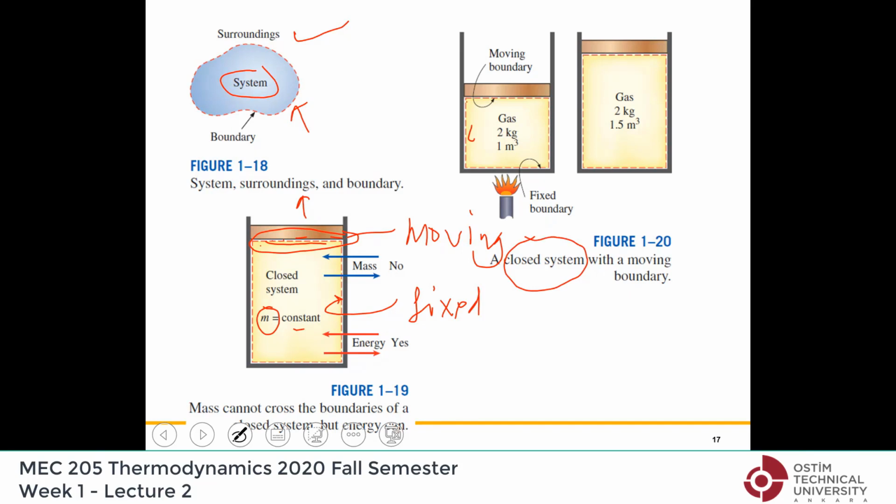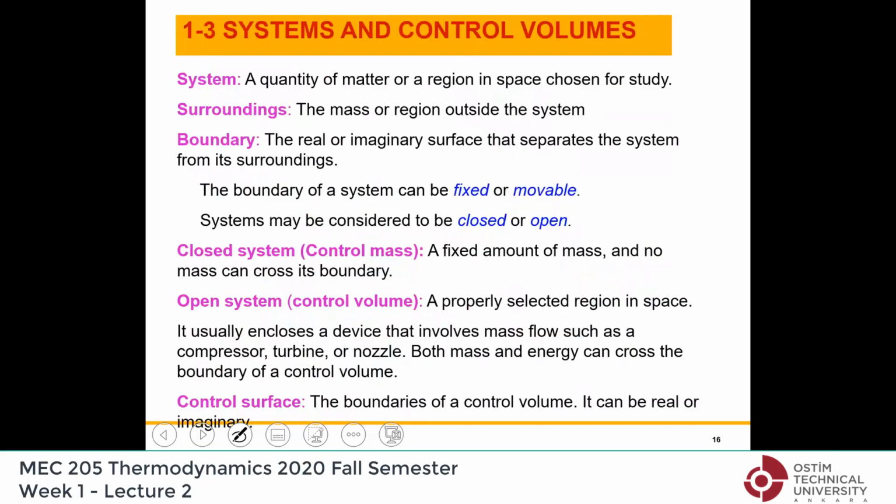If you have a closed system, as you see, mass cannot enter or leave the system, but energy can. That is, you may have a heat transfer here. You may have, let's say, work leaving the system, work energy, but no mass can enter or leave. This is what we call a closed system or control mass.